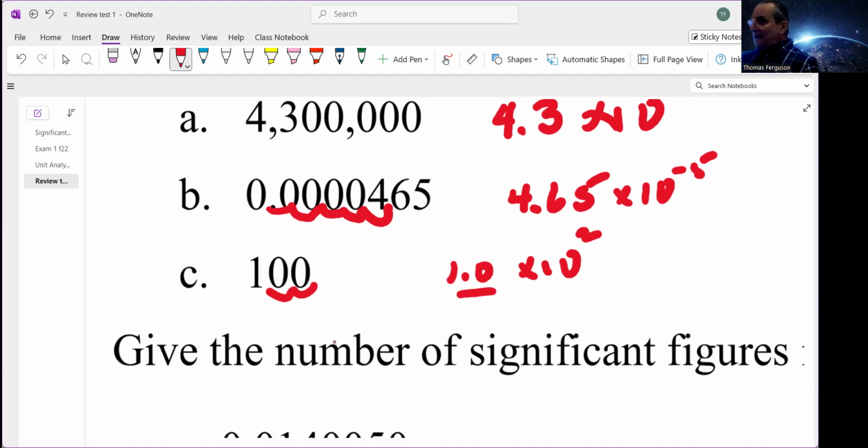But you have to maintain the precision, meaning the sig figs. So if the original number had 1 sig fig, your new number has 1 sig fig. How many does this have? 2. So we need to fix that.